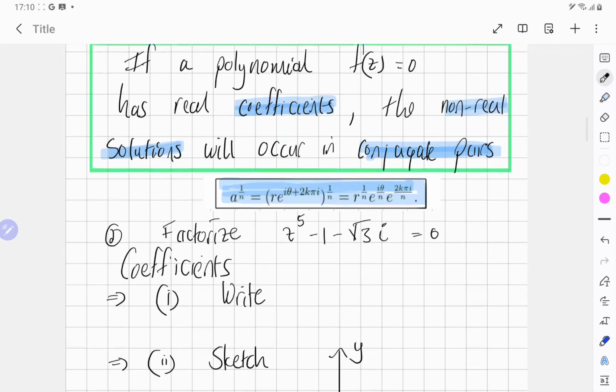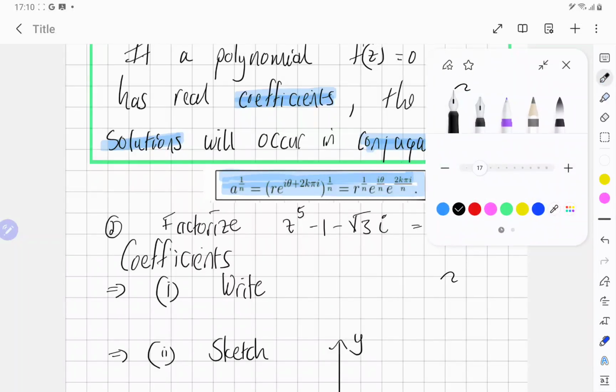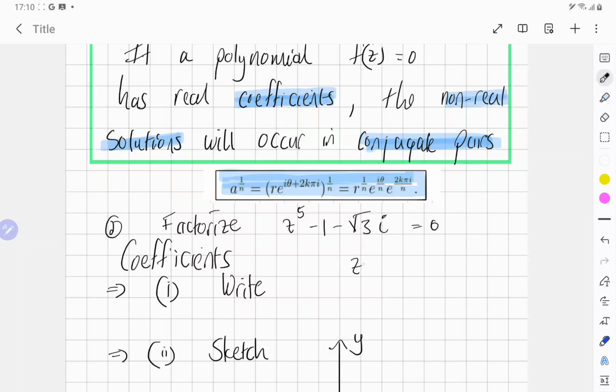Now, the next question, which is slightly harder, they can ask it different ways. They can say factorize, but in any case, when you factorize, you know that you're going to get z by itself.